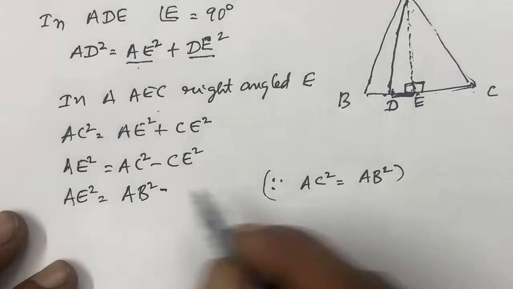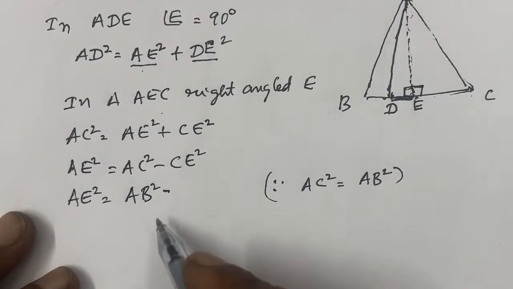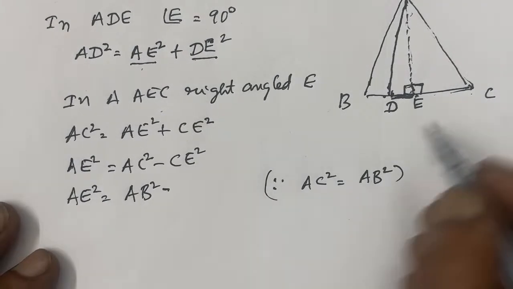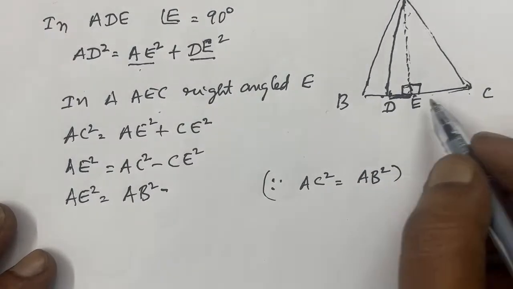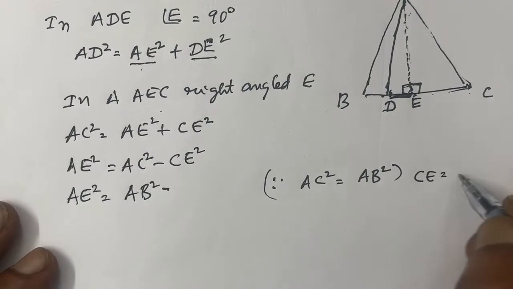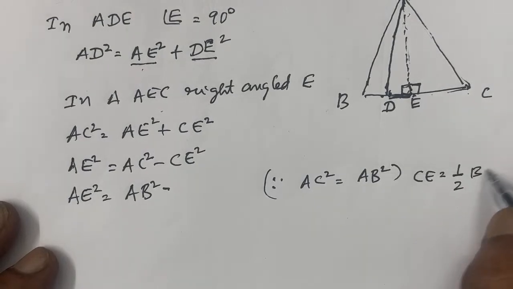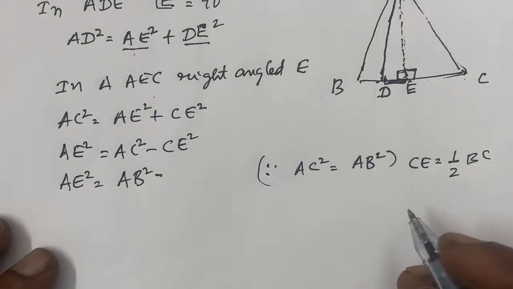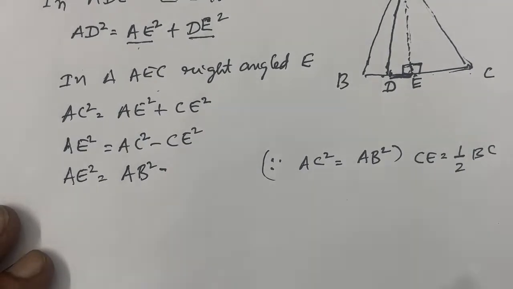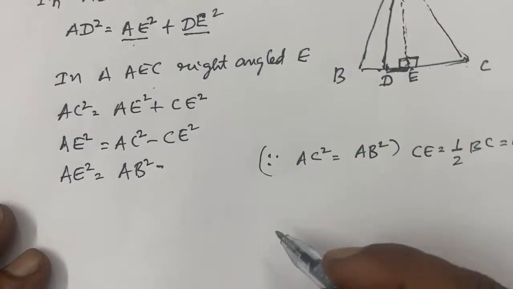And CE is nothing but half of BC, and BC also I am writing as AB, because it is an equilateral triangle.